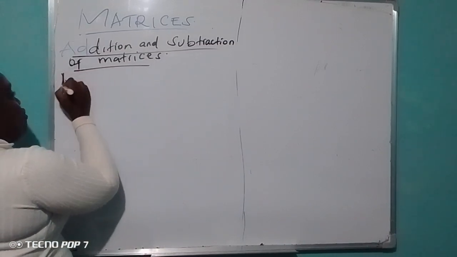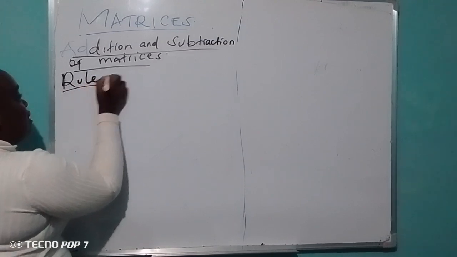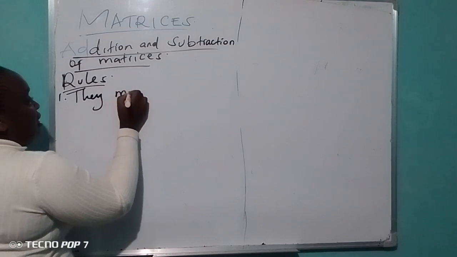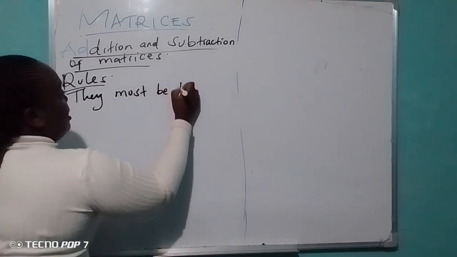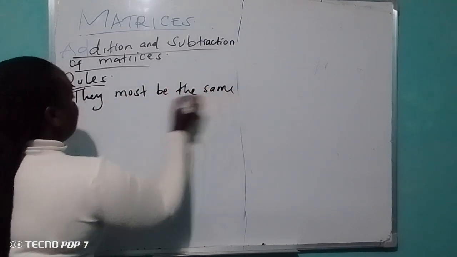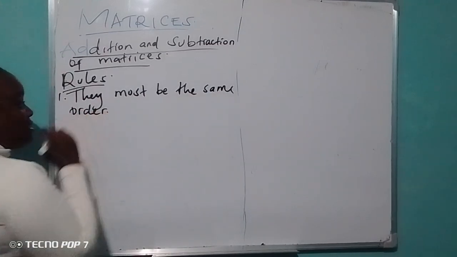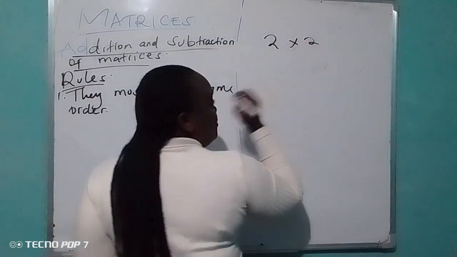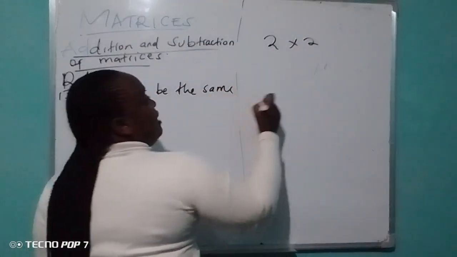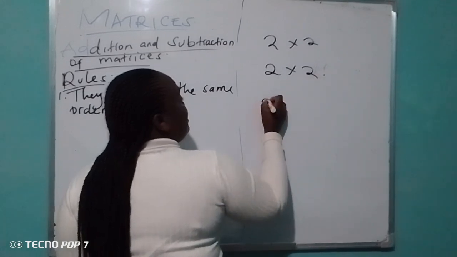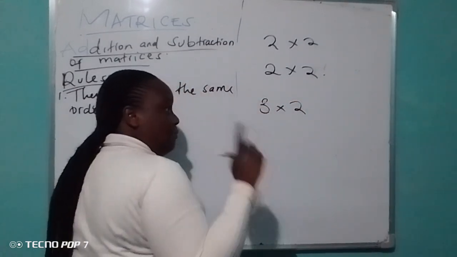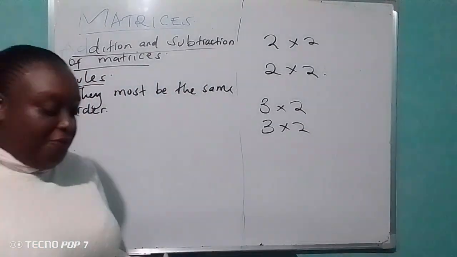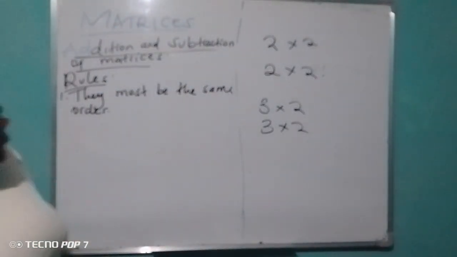Rule number 1, they must be of the same order. Like for example, a 2 by 2 matrix can only be added or subtracted by a 2 by 2 matrix. A 3 by 2 matrix can only be added and subtracted by a 3 by 2 matrix. That is what we say of the same order.